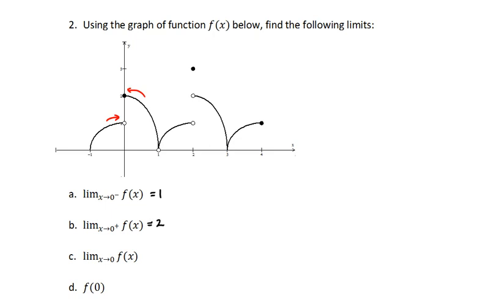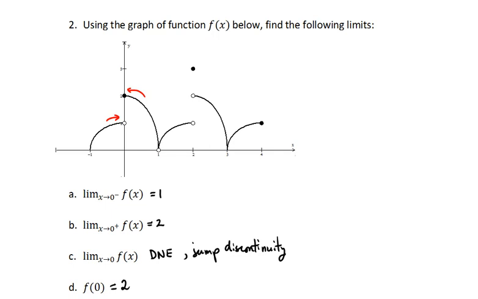Third, we're asked for the two-sided limit. Well, the two-sided limit does not exist. And that's because there's a jump discontinuity there. The limit from the left doesn't equal the limit from the right. D asks us for what the value of the function at 0 is, and you're looking for the filled in circle there. That's at y equals 2.